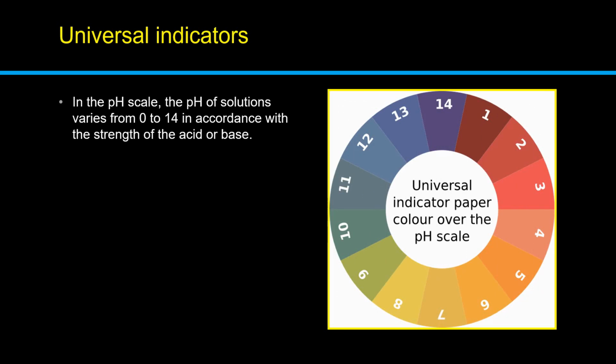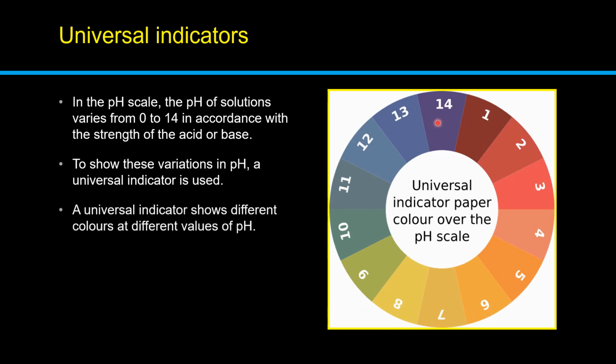Those were the color changes we have observed in natural and artificial indicators, children. But there is something called universal indicator. We know that in a pH scale, the pH of the solutions varies from 0 to 14 according to whether it is an acid or base. To show these variations in pH, a universal indicator is used. A universal indicator shows different colors at different values of pH, as you can see.